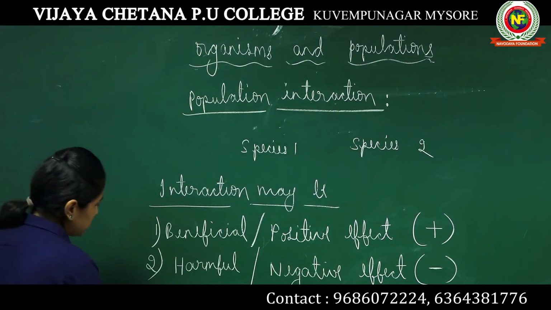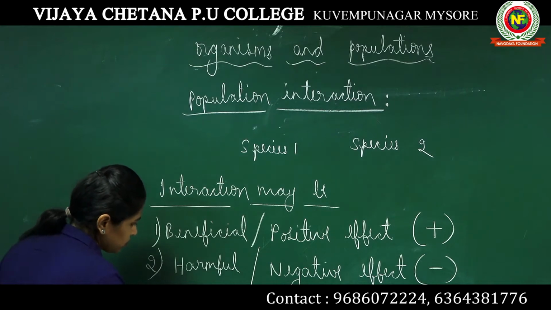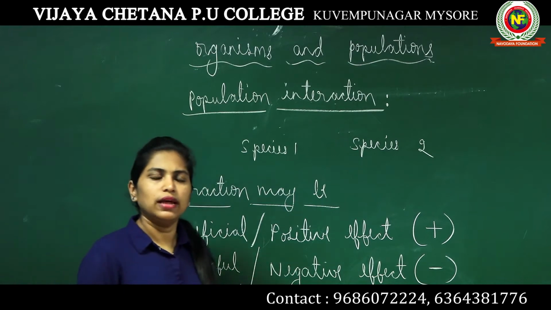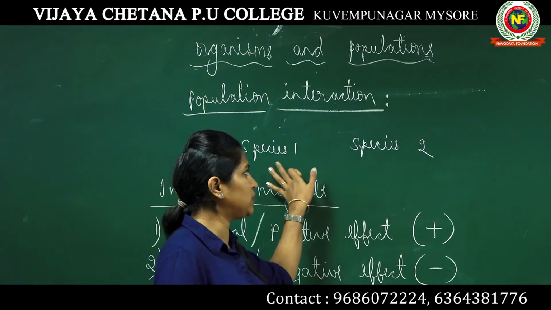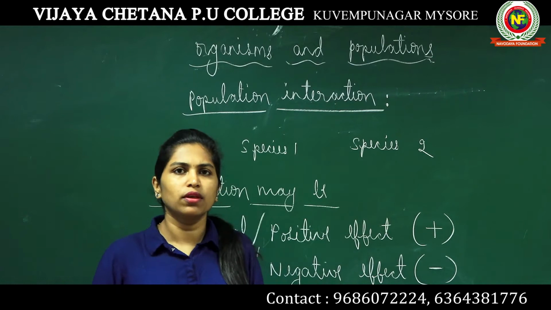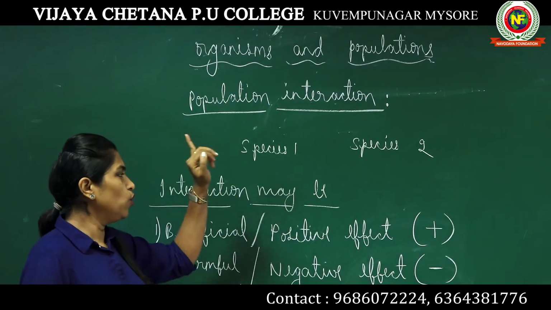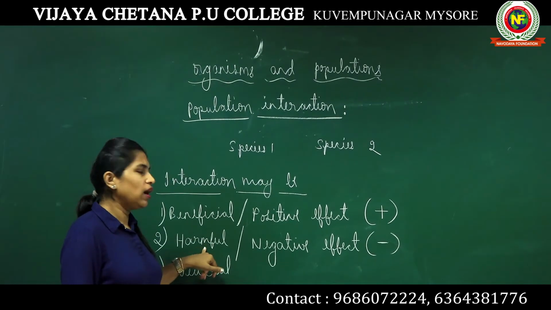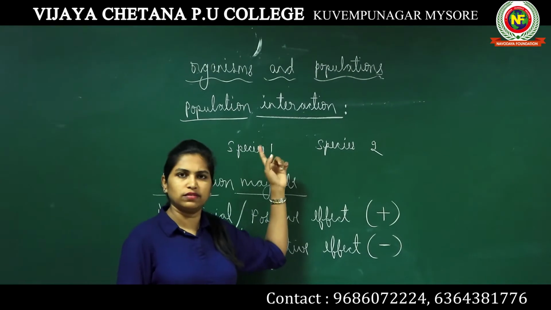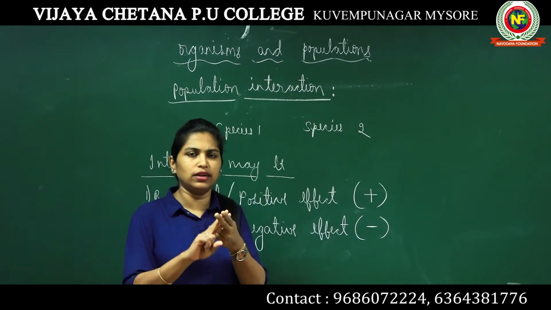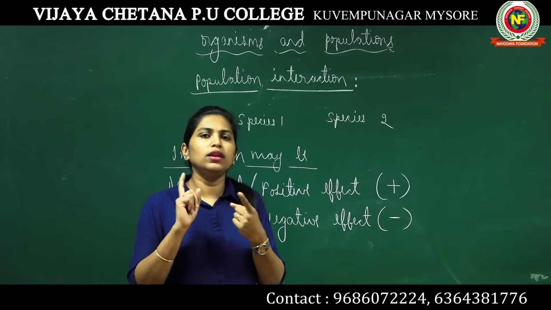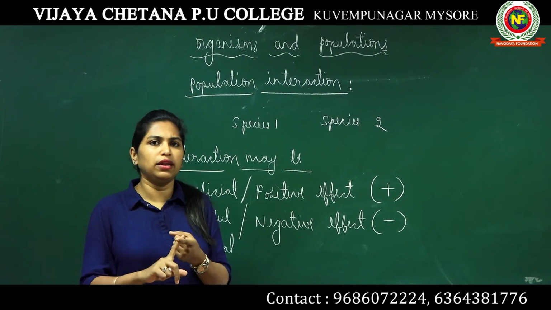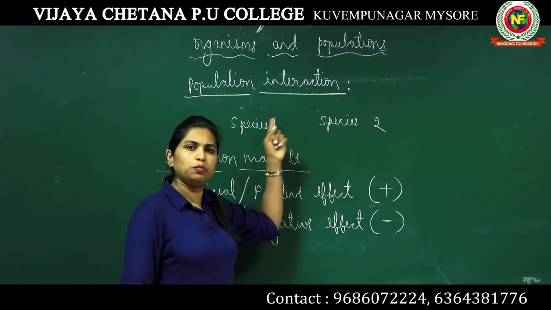The next type is neutral interaction, that means if two species are interacting with each other, there is no benefit or any particular harm to both the species. Neither is there any harm nor any benefit to these two species.